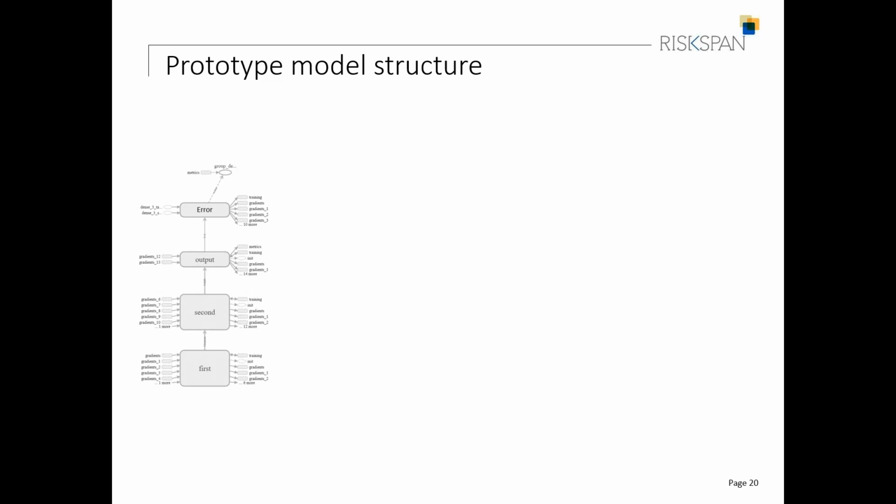First, the input data goes into the first hidden layer, and then the second hidden layer, and then the output layer. After the output layer, we have the estimated CPR. We can compare the estimated CPR with our actual CPR and calculate the error. And we have to choose an optimization function to minimize the error.